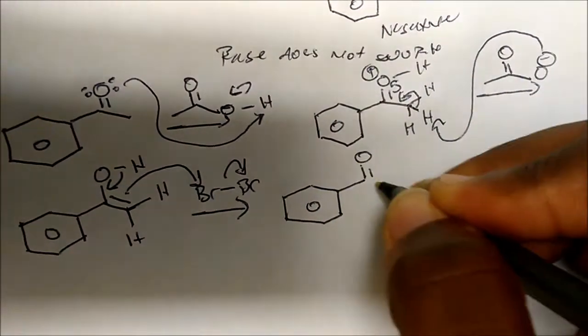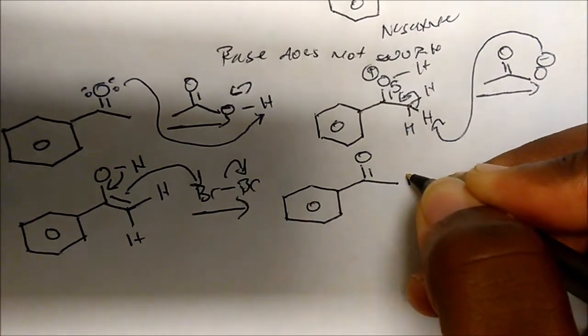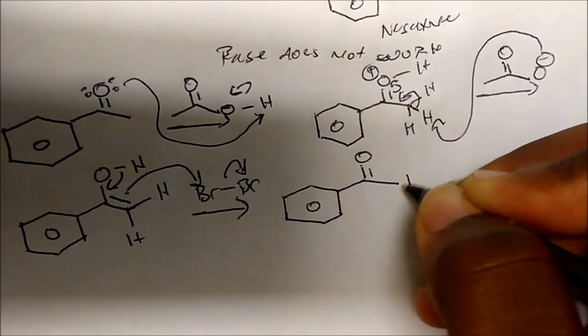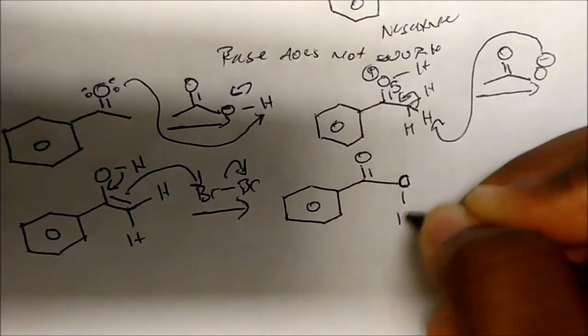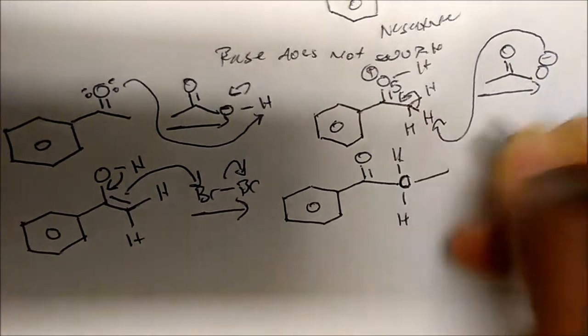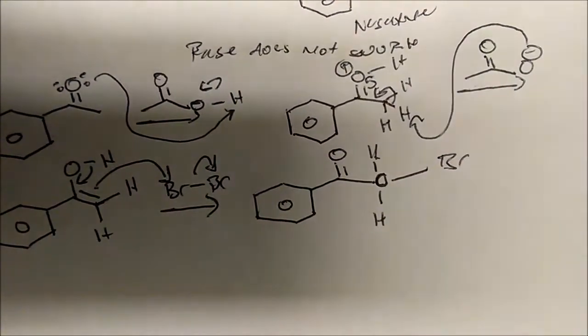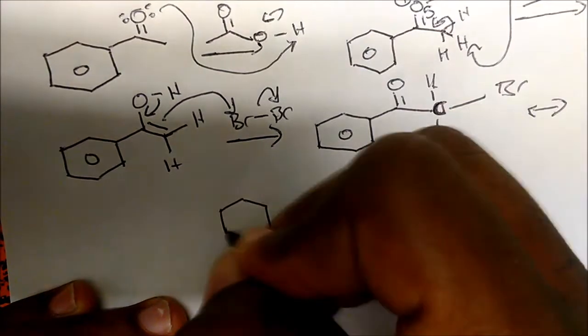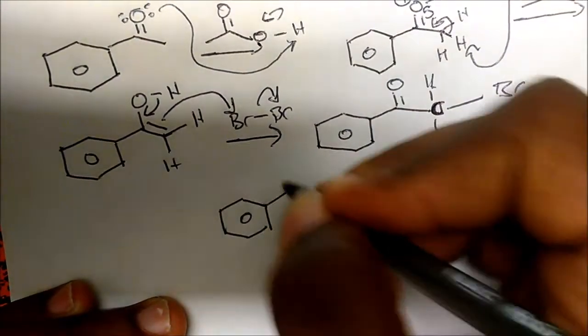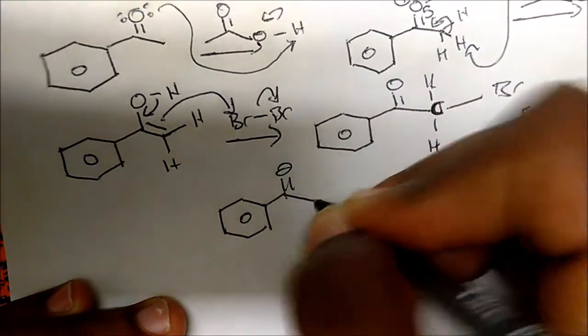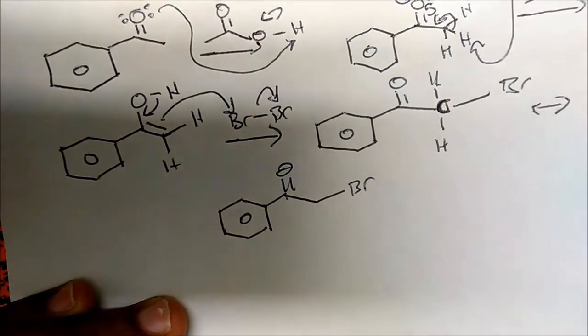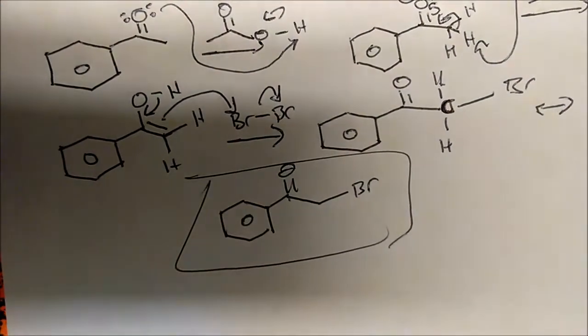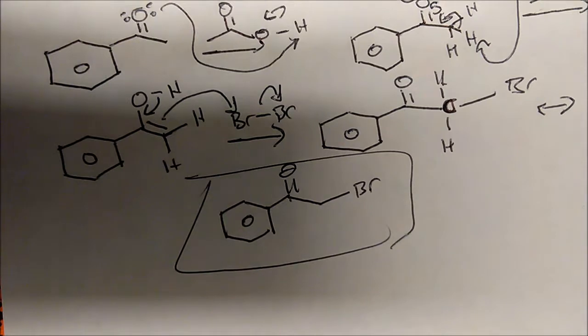There's our ketone, and this carbon has 2 hydrogens and is now bonded to the bromine. Let me redraw the structure. There's our carbon-carbon double bond, there's our CH2, and there's our bromine. So there's the addition.